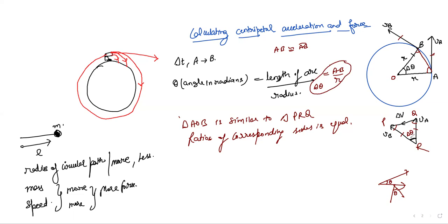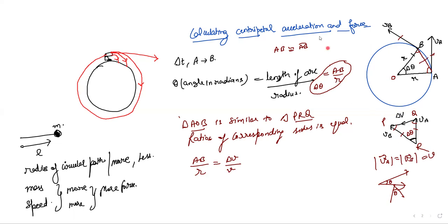Now, if these two triangles are similar, then corresponding sides will be in equal ratio. So AB upon R is equal to delta V upon V, if the magnitude of VA equals the magnitude of VB equals V, meaning both sides have magnitude V. We are taking corresponding sides: this side by this side of the first triangle, and this side and this side of the second triangle.